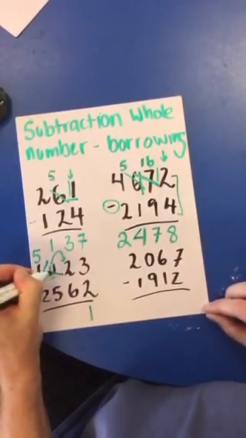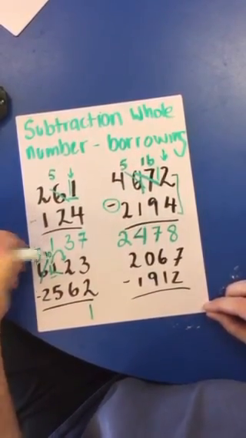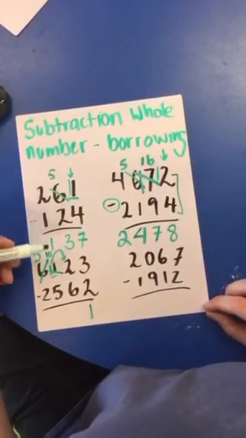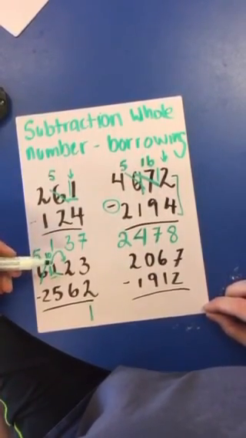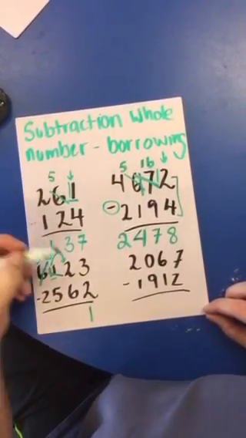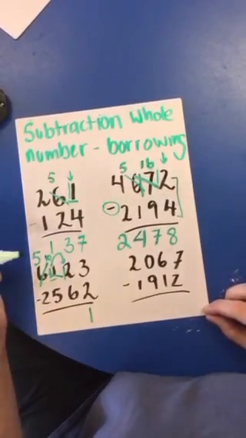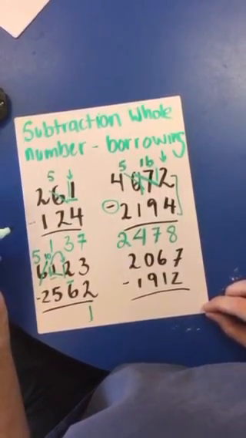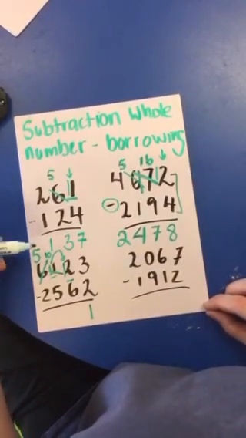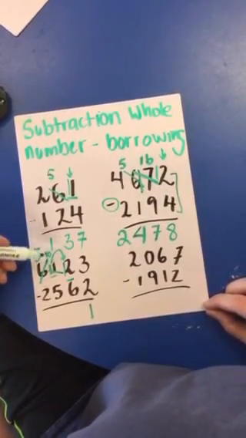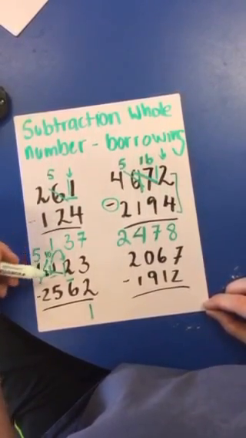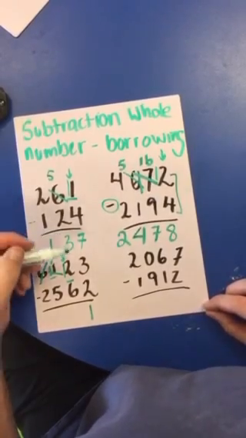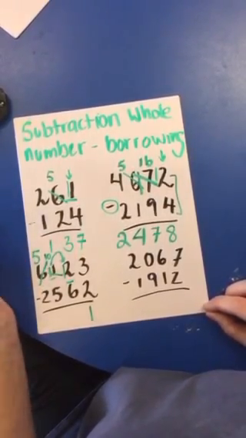And I will change that so that it's 10. I'm going to borrow 1 from there. Good? That makes this a 12. 12 subtract 6. So now I've got 5 is larger than 2, 10 is larger than 5, and 12 is larger than 6.